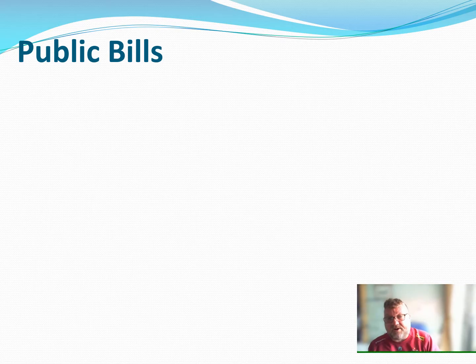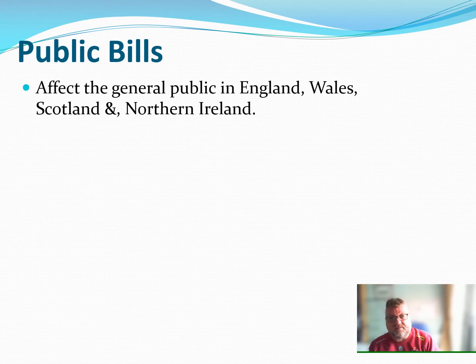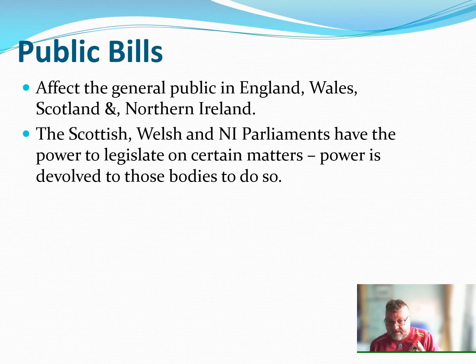So if we've got a public bill, remember they can be government or private members' bills. If we take a public bill, that's basically a law, an act that's going to affect all of the general public in England, Wales, Scotland and Northern Ireland. It would also be true to say that the Scottish, Welsh and Northern Ireland parliaments do have powers to make laws on certain things, and that power is devolved to those bodies.